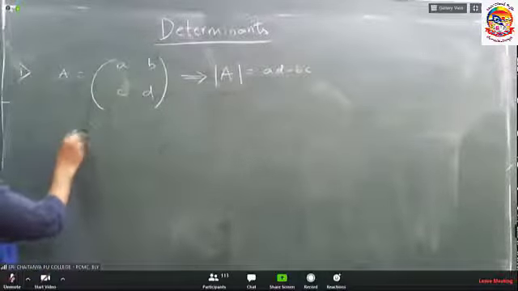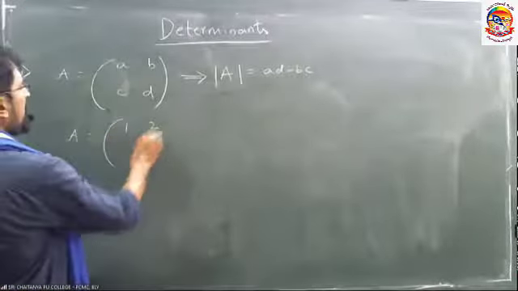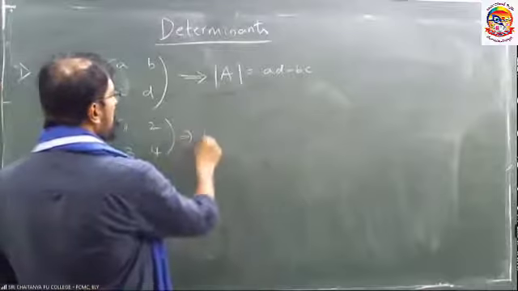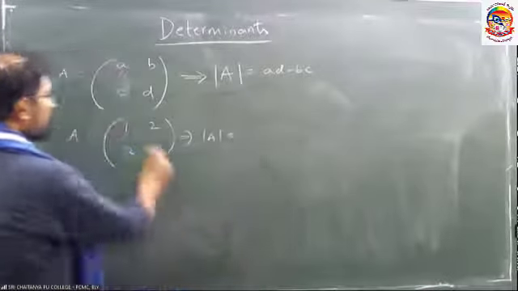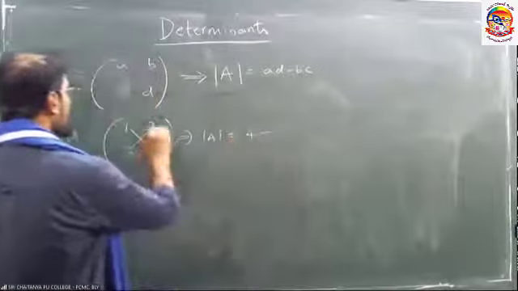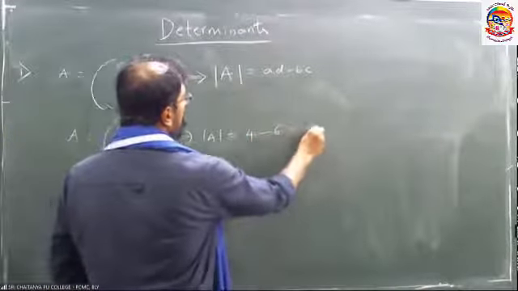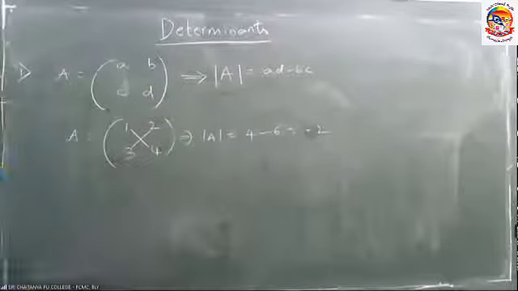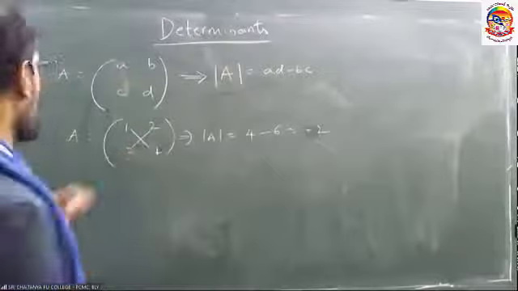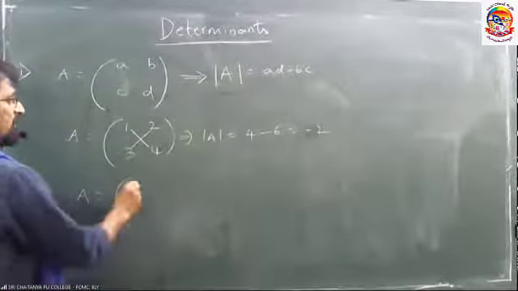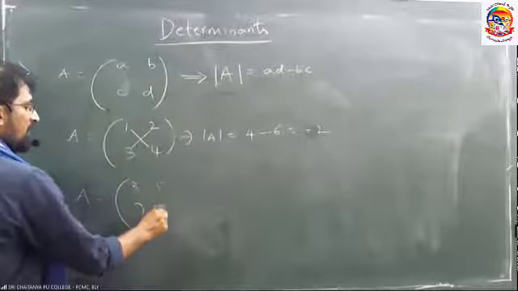Suppose, example, of course you have done now, 1, 2, 3, 4, right? Means that det A is equals to AD, this is 4, minus BC, this is 6, is equals to minus 2. The determinant of capital A is equals to minus 2. This is about 2 by 2 matrix. I am giving you another example. Capital A is equal to 3, 5, 7, 9.